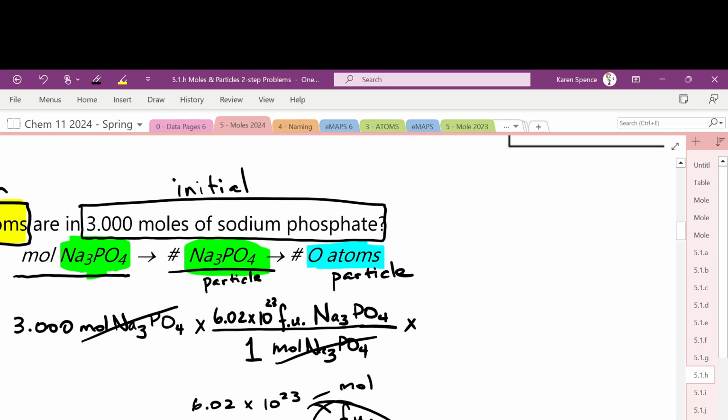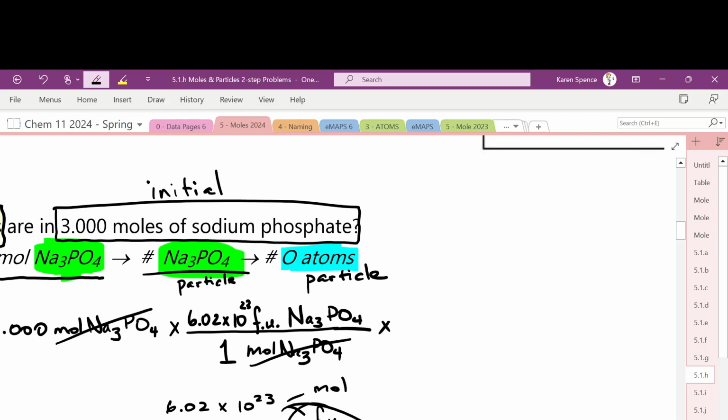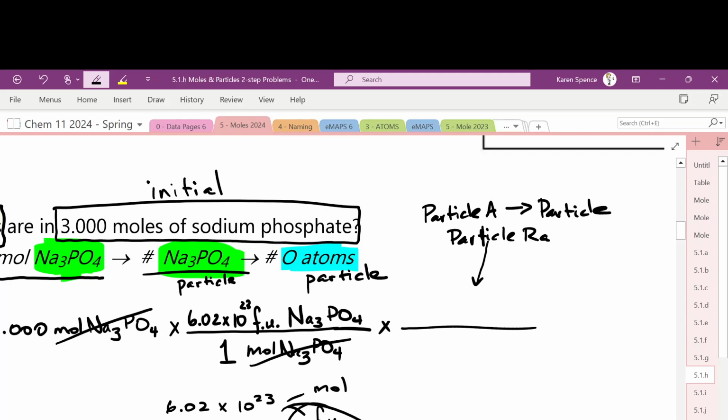What do we use to go from one particle to another particle? Oh my God, you guys are killing me. To go from particle A to particle B, what do we use? The particle ratio. Where do we get that from? Tell your partner where we get that from. Where do we get the particle ratio from?